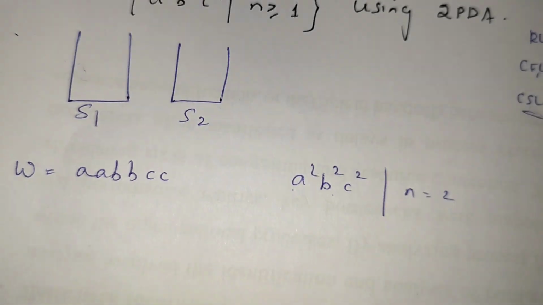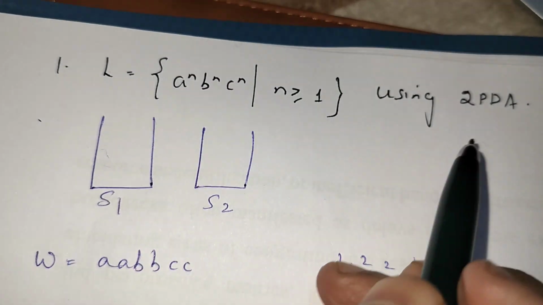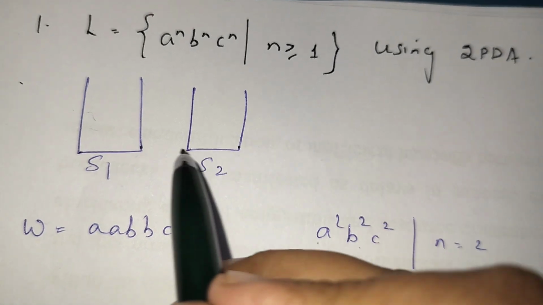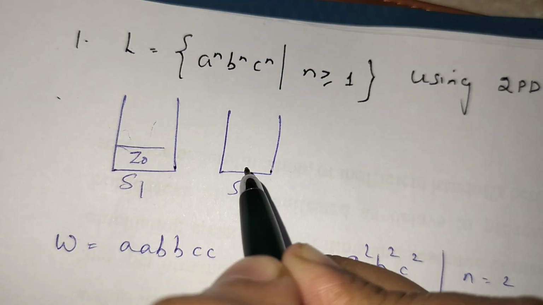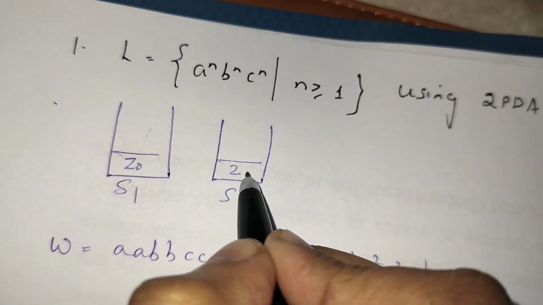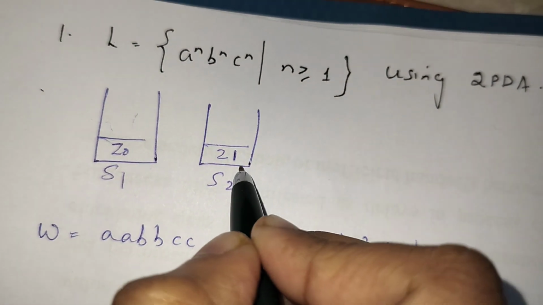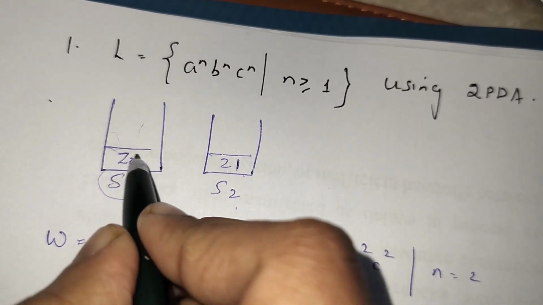So the logic here is, we are using two stacks because we are using a 2 PDA. So a 2 PDA consists of two stacks. For stack S1, the top of the stack is set to 0. We are pushing Z0 to the top of the stack, and for stack S2 the top of the stack is set to Z1.